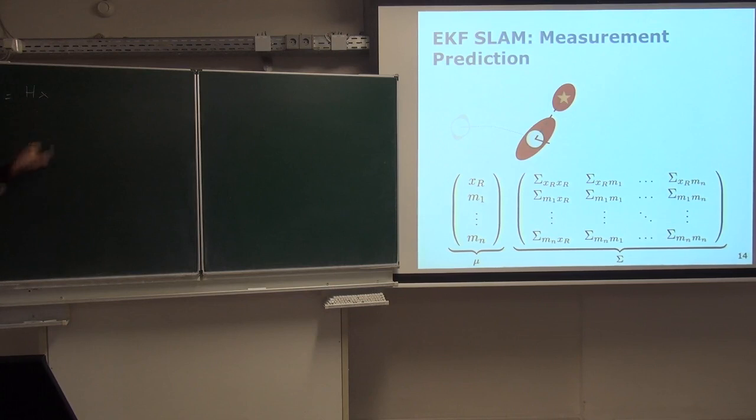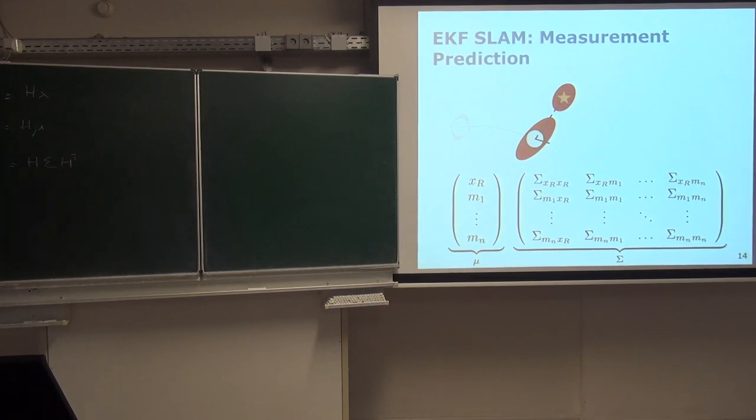This will not change x, but will just create a new variable, which is our prediction. And this then has a mean of z equal to H times the mean, and also a covariance of our observation equal to H Sigma H transpose.